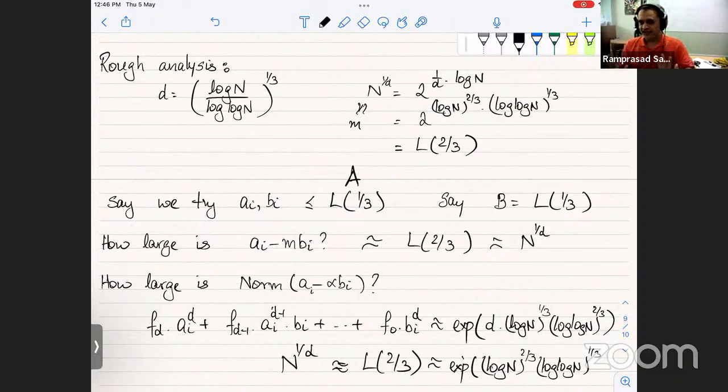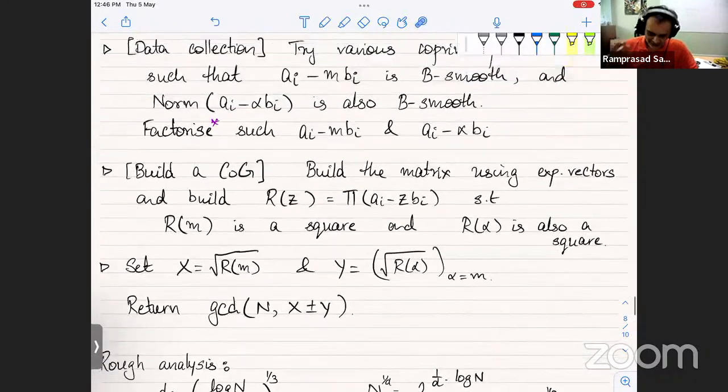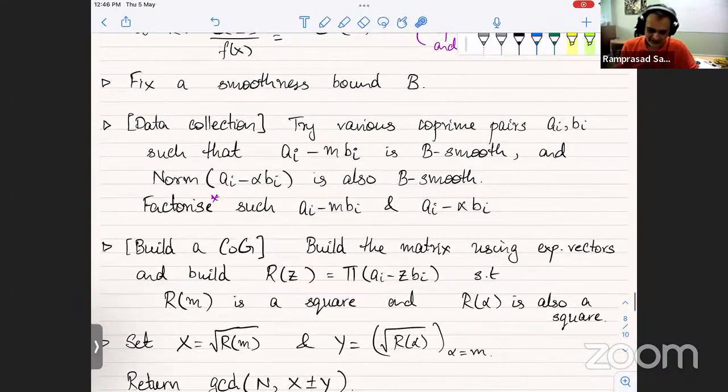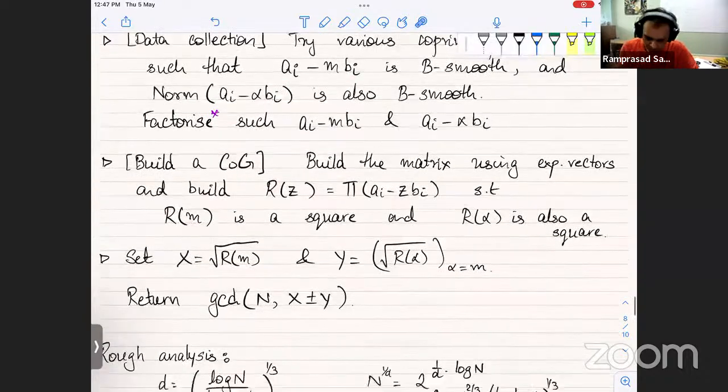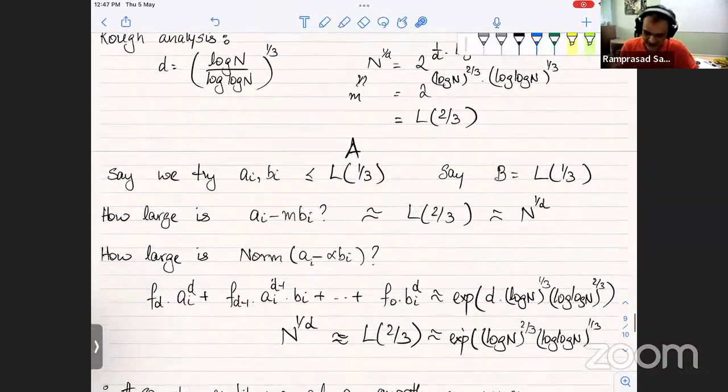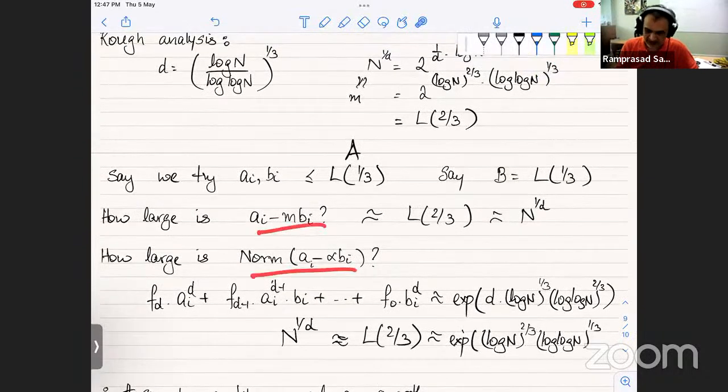So where are we so far? We did some weird number field business. We needed to find a whole bunch of pairs such that this number is B smooth and this number is B smooth. And it so happens that for the choice of numbers that we have, both the numbers that we are checking for smoothness are roughly of the order of n power 1 over d.